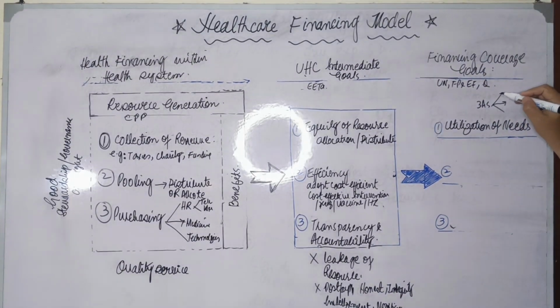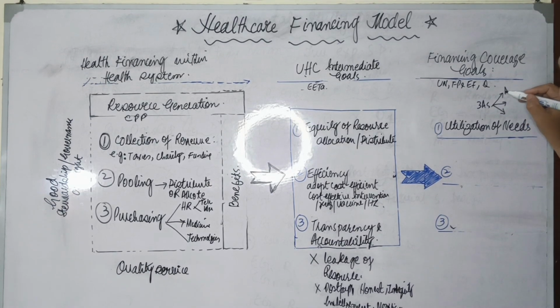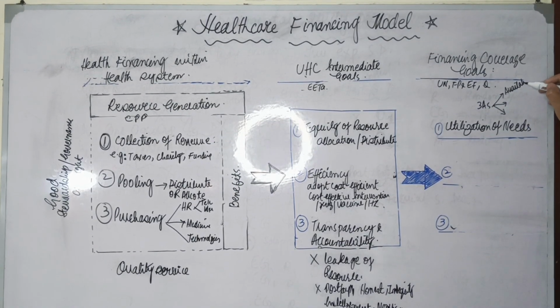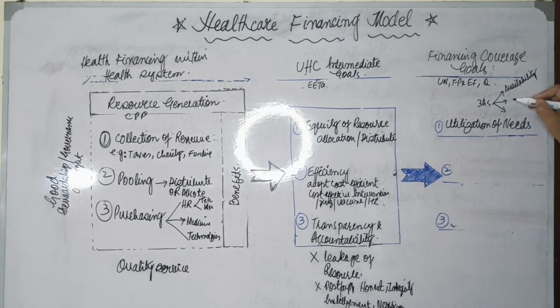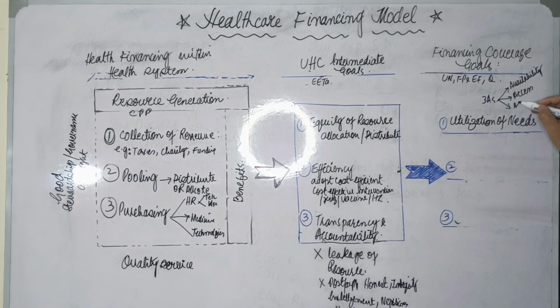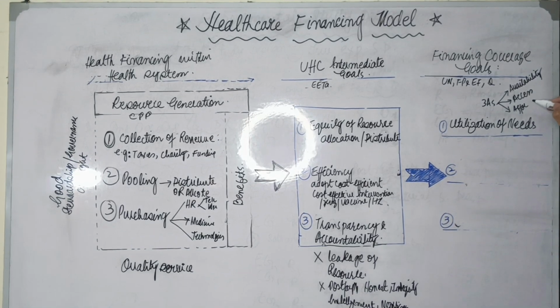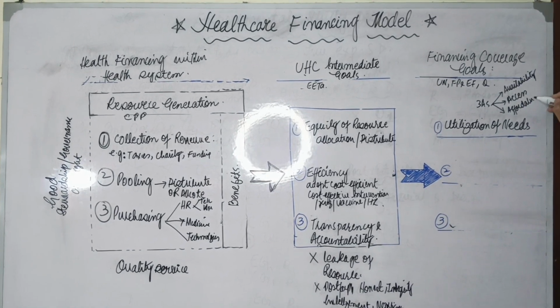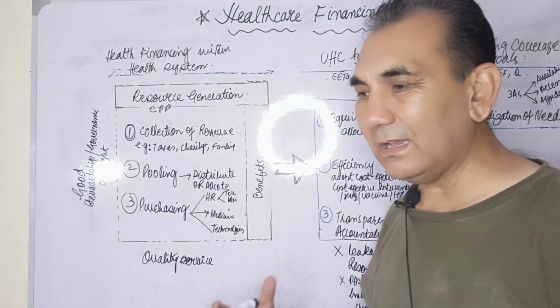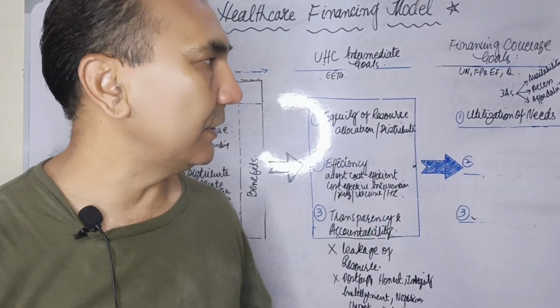By the 3 A's: the first is availability, the second is access, and the third is affordability. By the 3 A's, you can increase the utilization of needs.